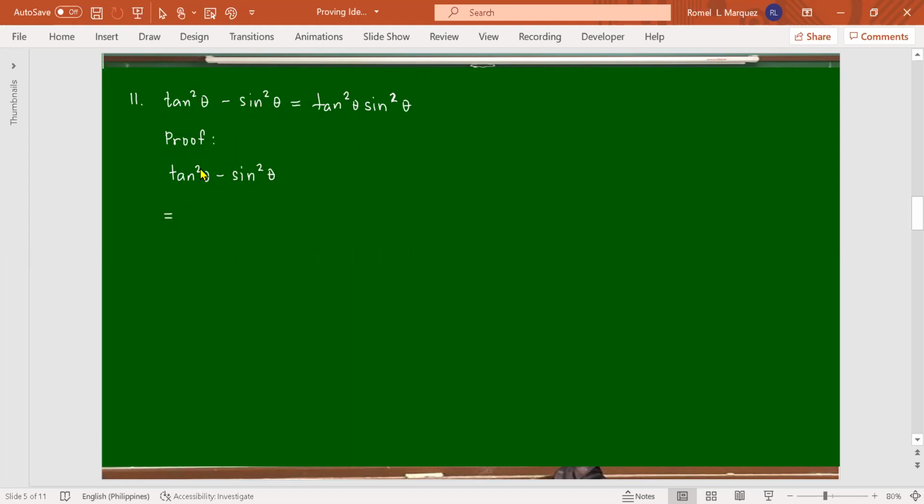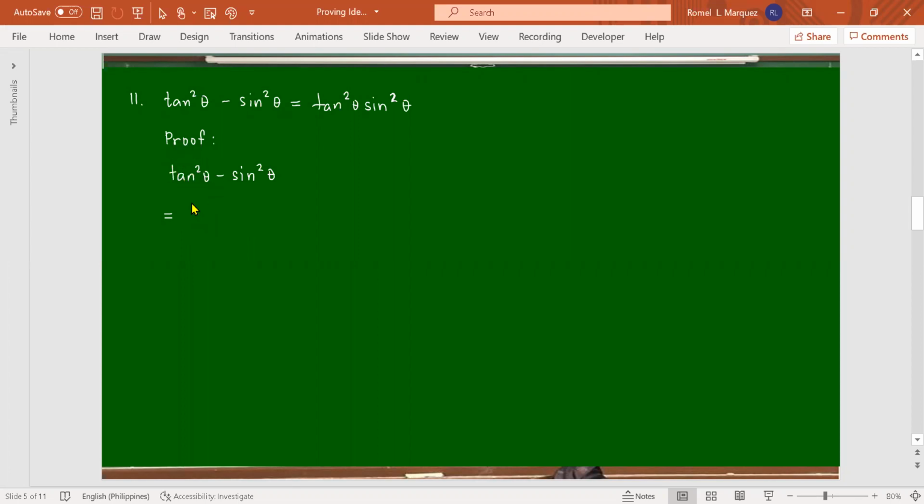Now, for this to be able to become a product, we have to express this as one term first, no? So to express this as one term or one fraction specifically, you have to apply an identity, I think, to the first one, no?